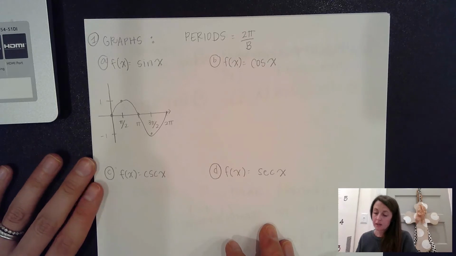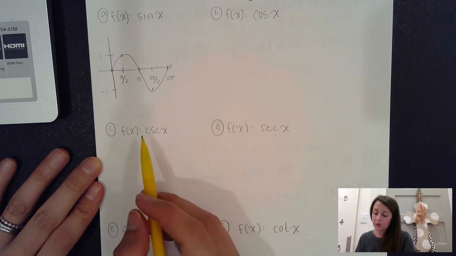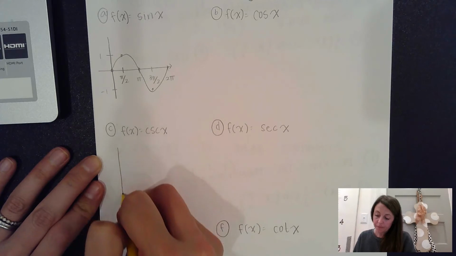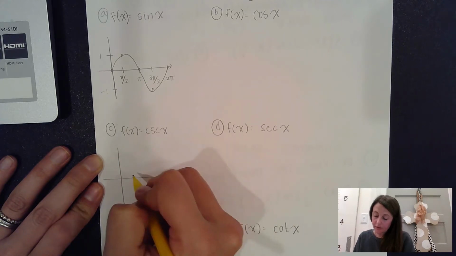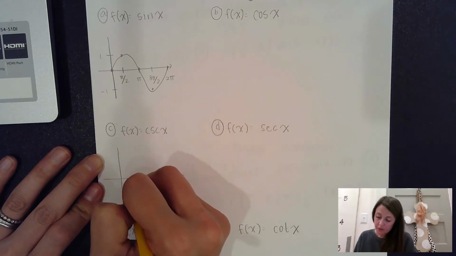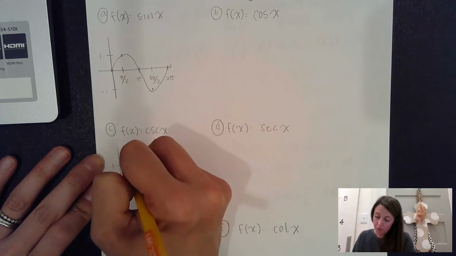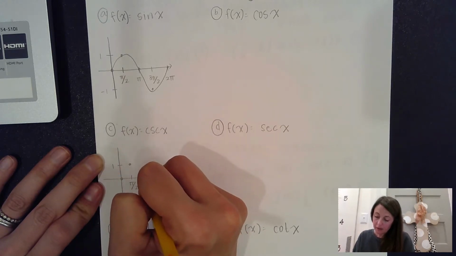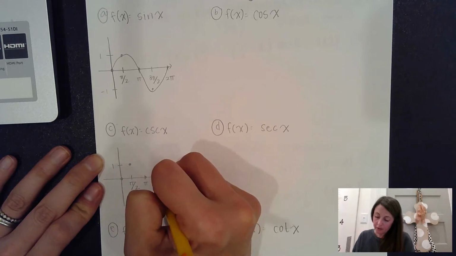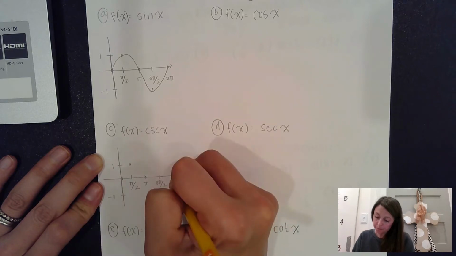Okay, so I wrote these like this. So cosecant here is going to take the sine curve. At 0 I'm at 0, at pi over 2 I'm at 1, at pi I'm at 0 again, at 3 pi over 2 I'm at -1, and at 2 pi I'm back at 0, right?